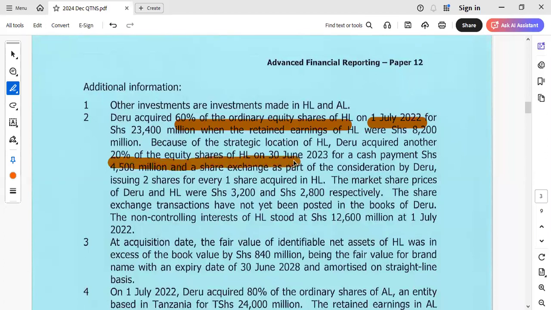That was on 30th June 2023, the date when we are preparing this financial position. This was not during the year. It was just at the year end. That's when you acquired another 20%.